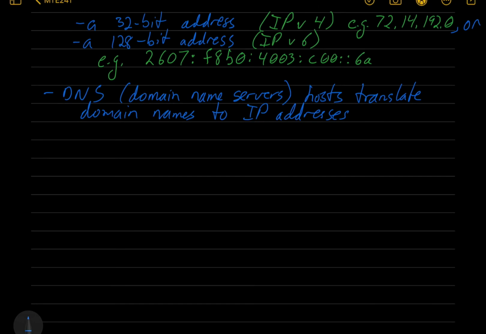distributed hierarchical database. And so what we've got is at the top of the hierarchy are the root DNS servers. I call them hosts above, server host, whatever. And originally, well, there's 13 named root DNS servers, which is a rather small number, but then they're deployed in clusters, and there's actually hundreds of them spread across the globe.